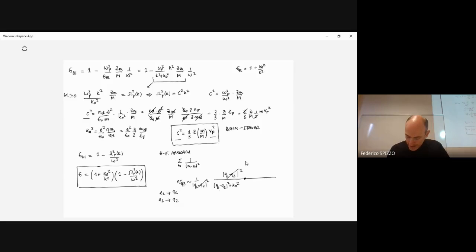So the idea is to replace omega with the energy of electron 1 minus the energy of electron 2, divided by h bar.